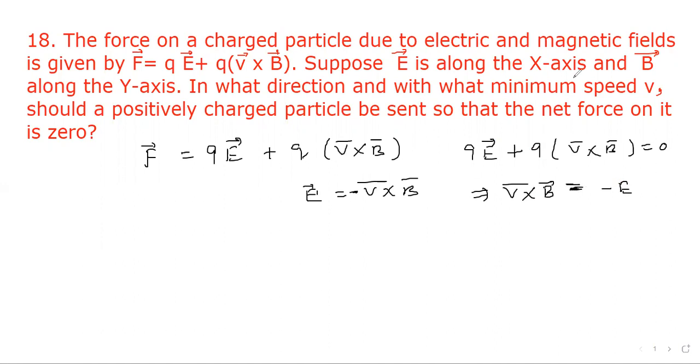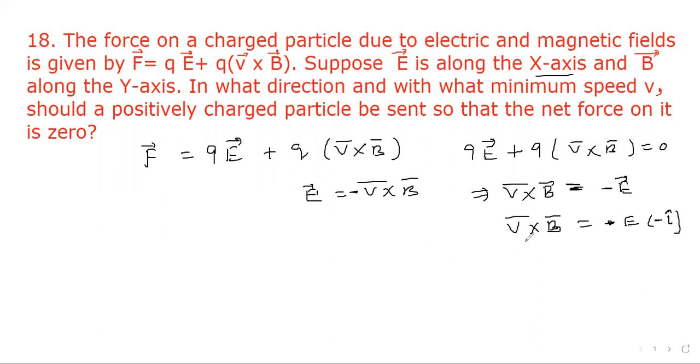So since E is along positive x-axis, it means V cross B must be equal to, we can write in terms of component, just E in magnitude times minus i cap, because E is along i cap. This minus sign is written here.